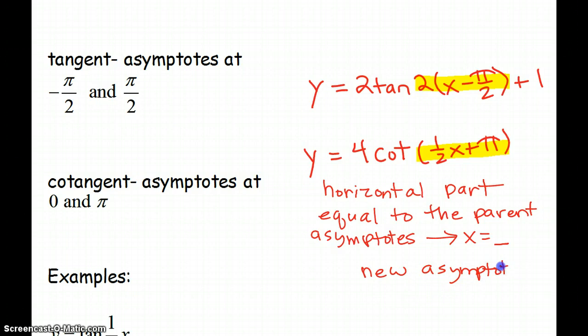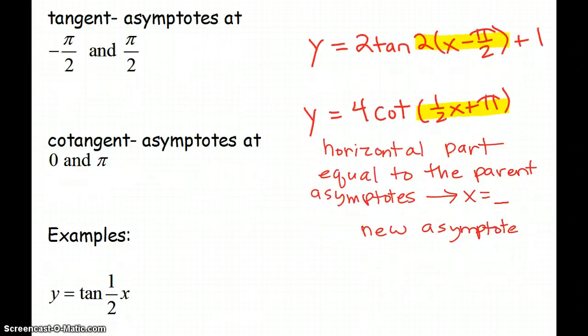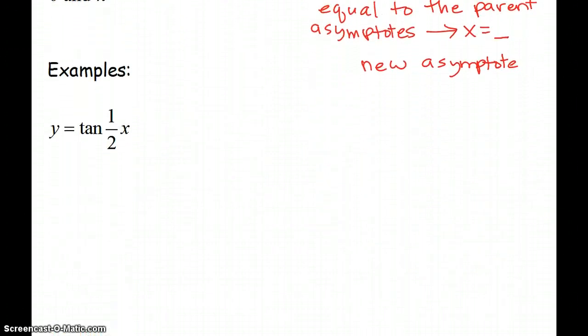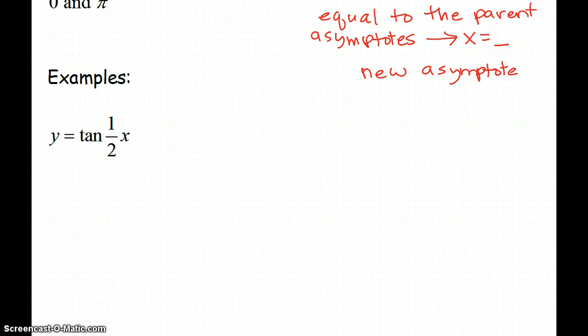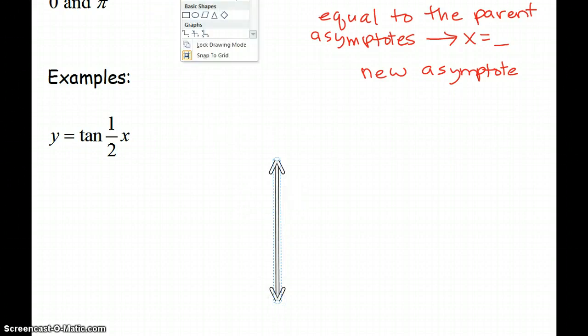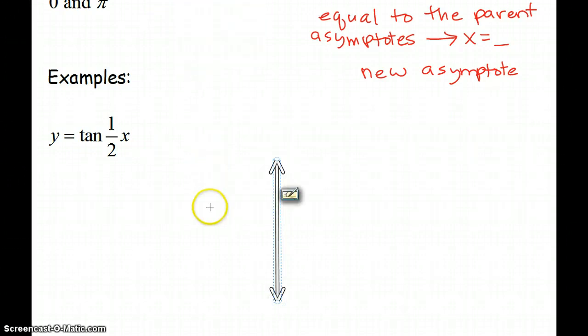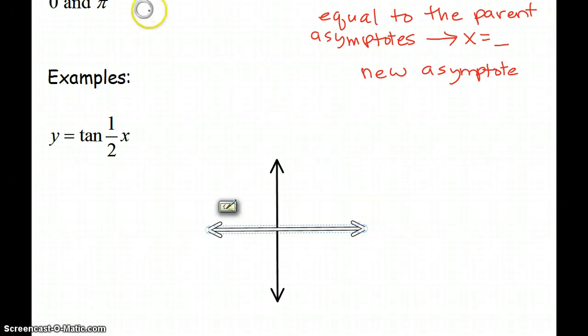So let's look at an example. We start with a simple example. I'm going to draw an x and a y axis. First thing I'm going to do is realize that the horizontal part that I'm talking about right here is the 1/2 x.